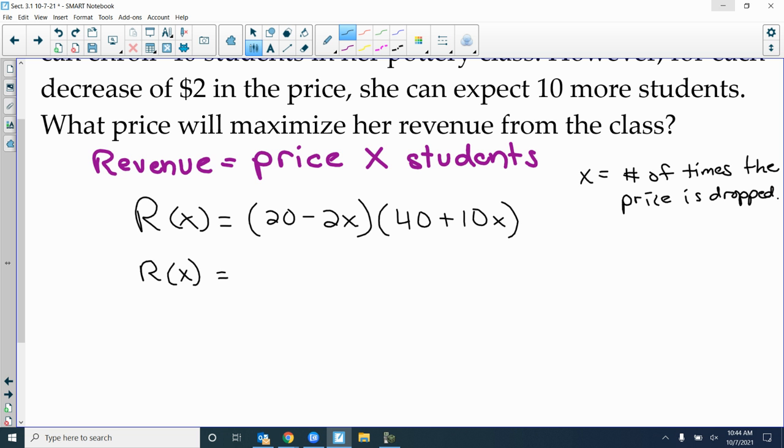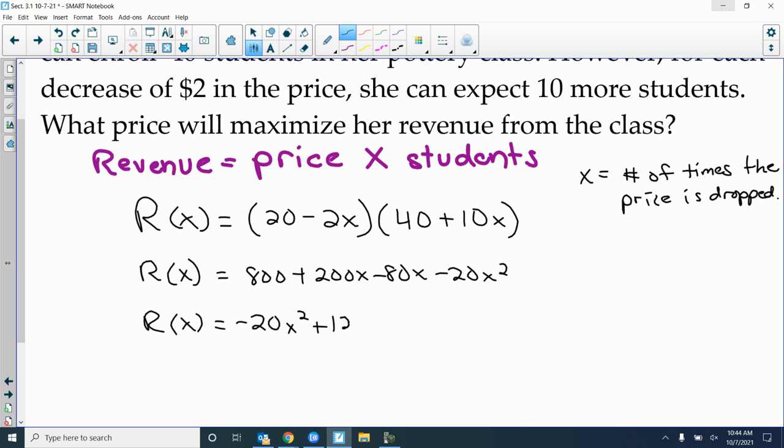Okay, so I got 20 times 40, 800, plus 200x, minus 80x, minus 20x squared. And so I'm just going to put this in descending order: negative 20x squared, plus 120x, plus 800. All right, there's our function.